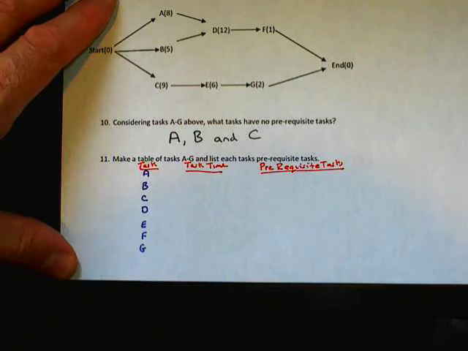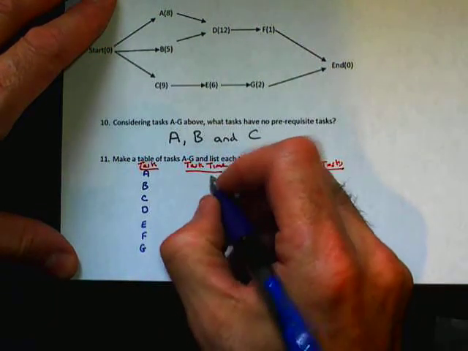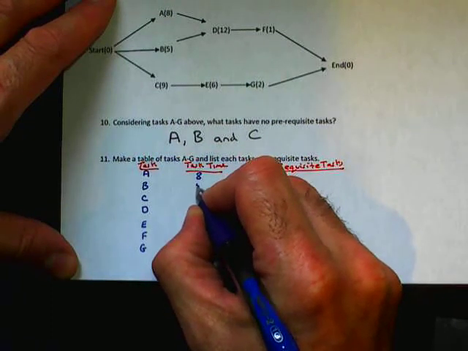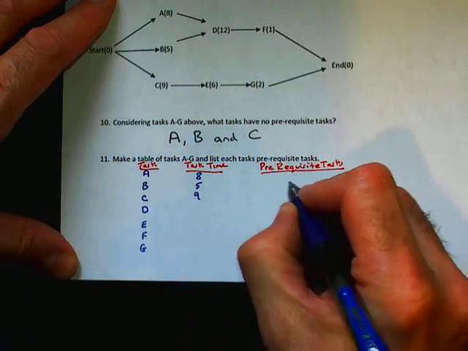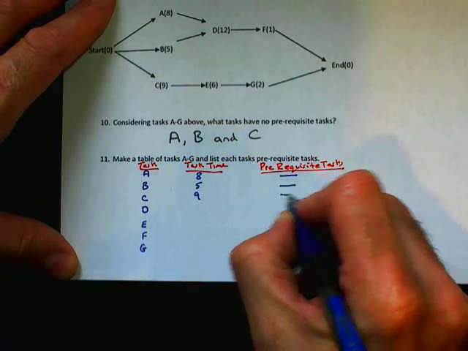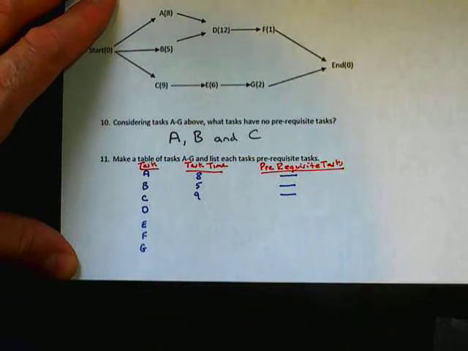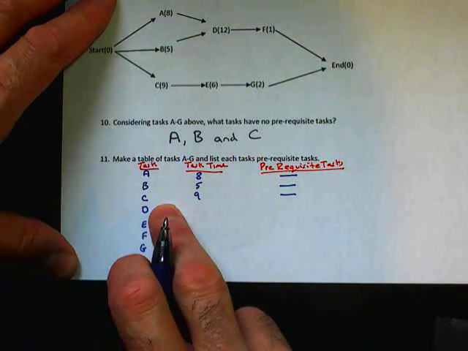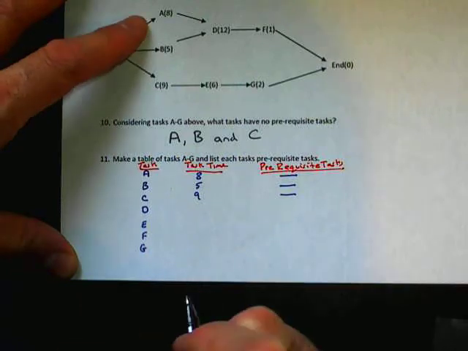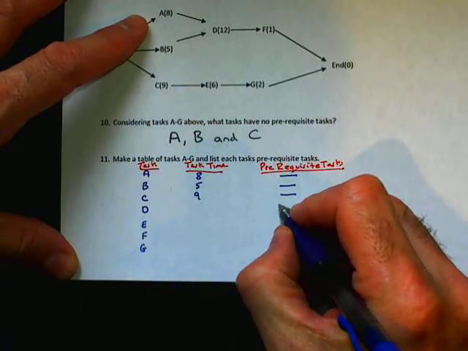So, with that in mind, looking at this, I can go ahead and say task time for A is 8, B is 5, and C is 9. And A, B, and C have no prerequisites. D has A and B as prerequisites.